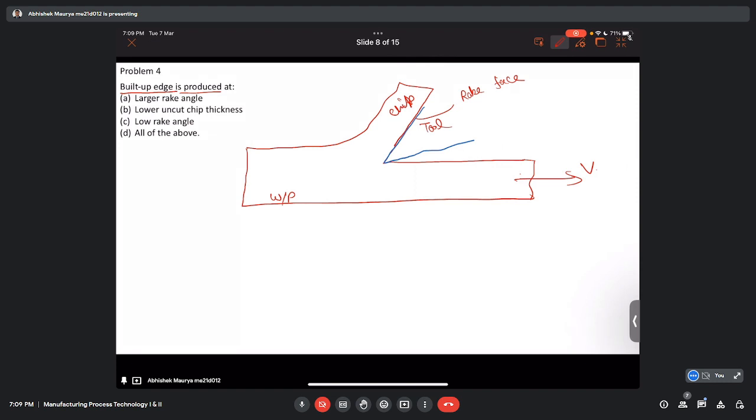When we cut ductile materials, what happens? I told you there is a tendency of ductile material to form continuous chips.